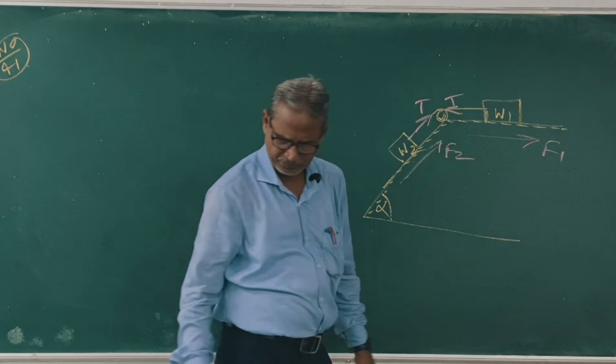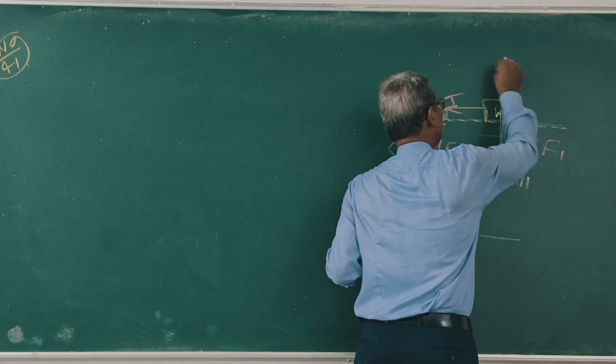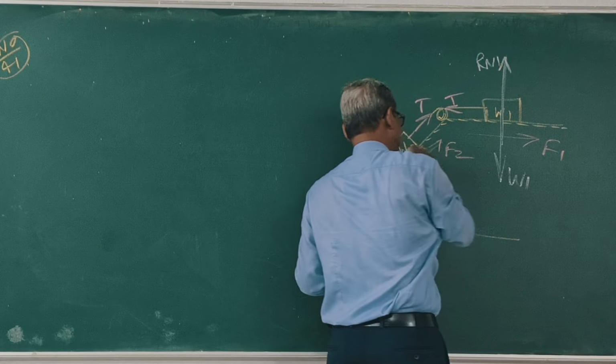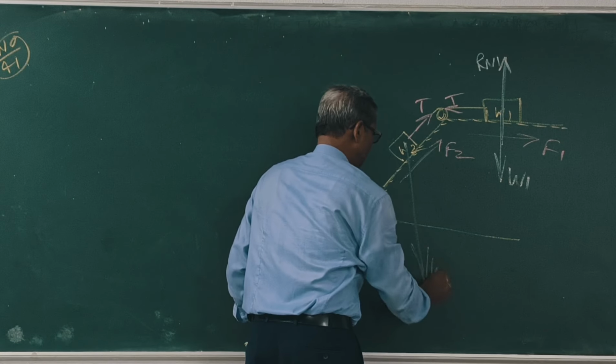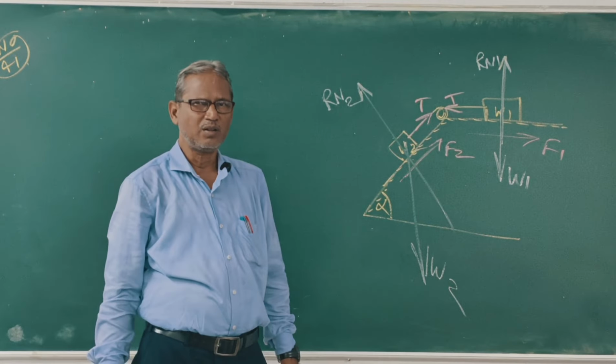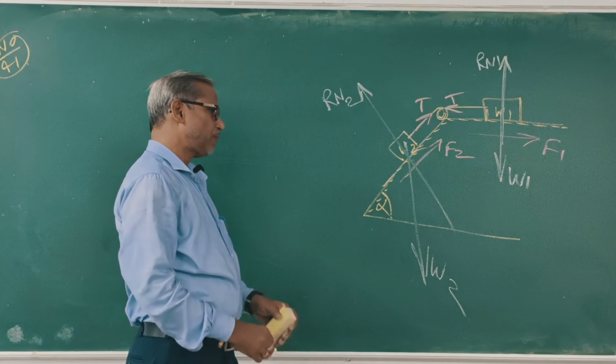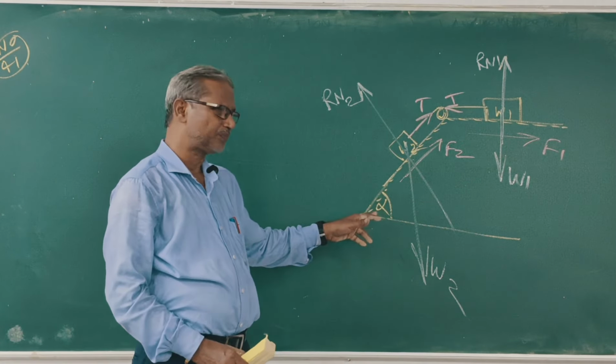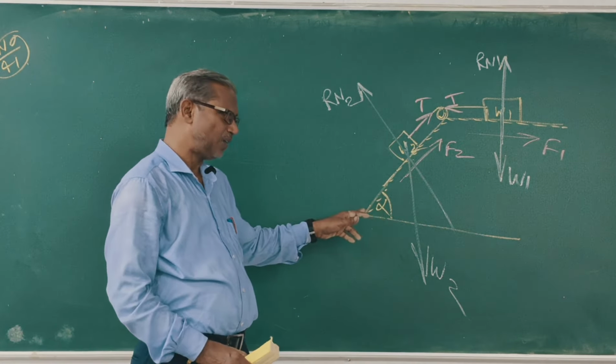This is weight W1. This is normal reaction Rn1. This is weight W2. This is normal reaction Rn2. Clear? This angle alpha. Now take block 1, take block 2.